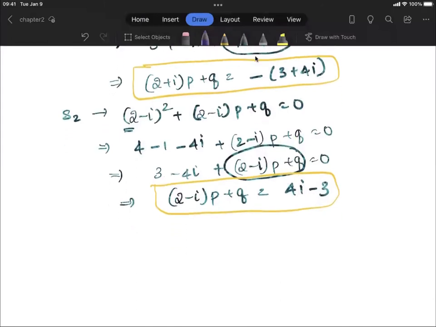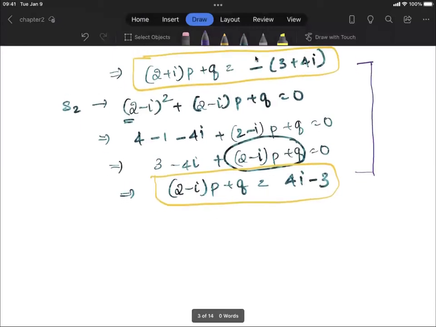So we have linear equations in two variables, where the two variables are p and q. Now, if we were to add these two equations, what will happen? Let's call this 1 and let's call this 2.